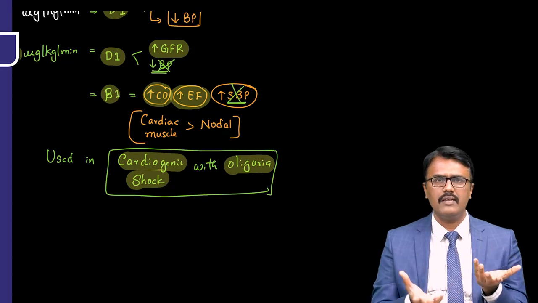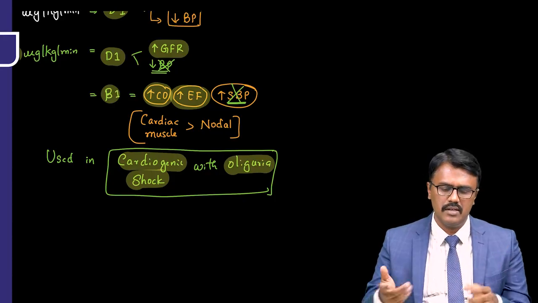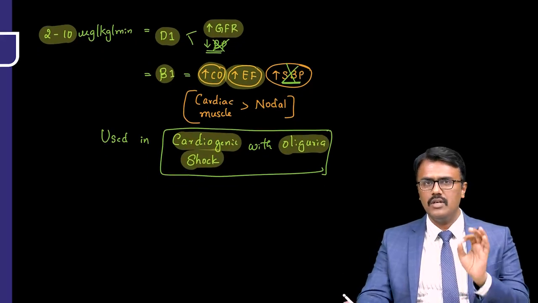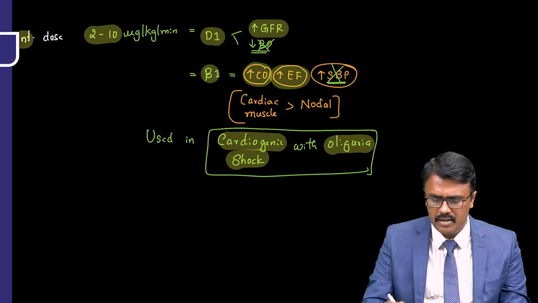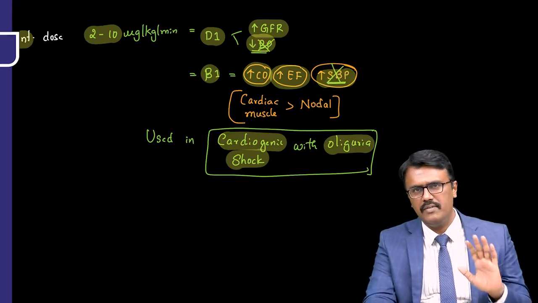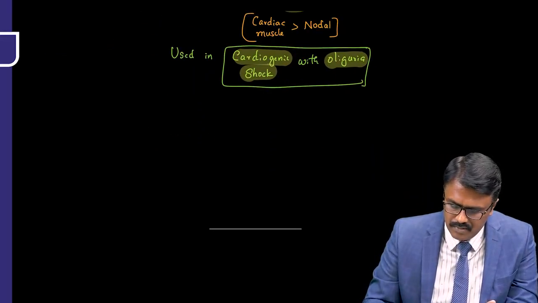Because of MI or cardiac surgeries. At that time, you have to increase the force of contraction. The drug used is dopamine, and it is the drug of choice for cardiogenic shock with oliguria. So that is the dose 2 to 10. Very, very important. And minimal effect on BP. It will not go too high with that. Don't worry.